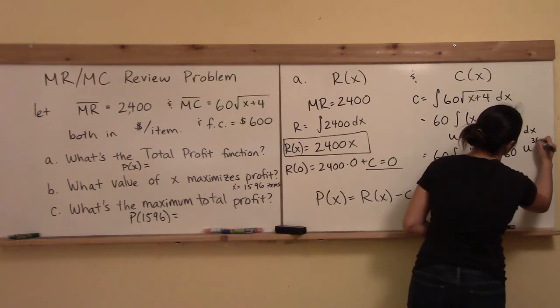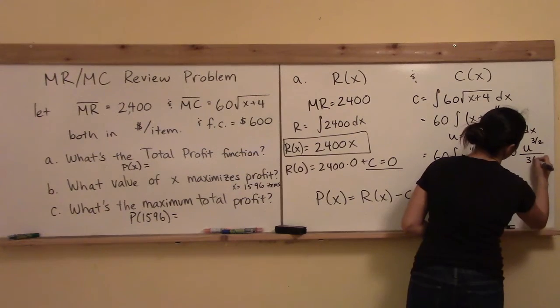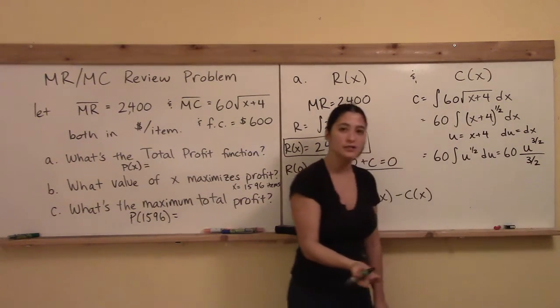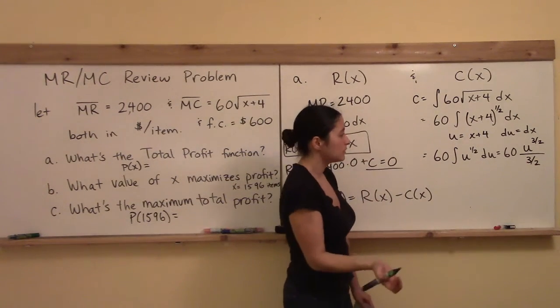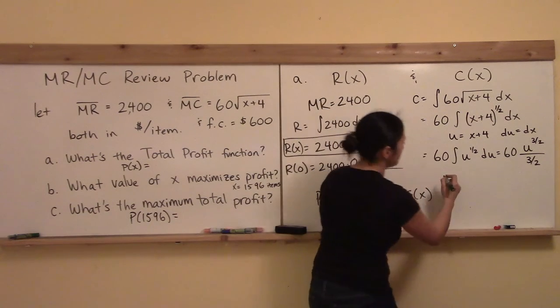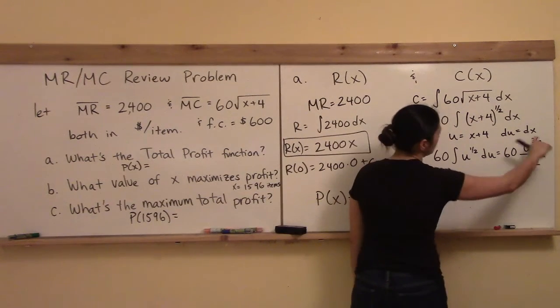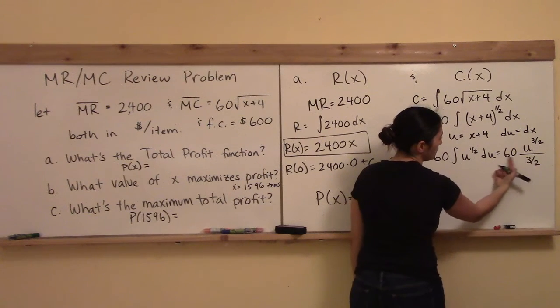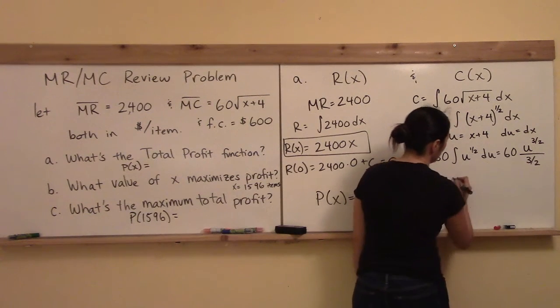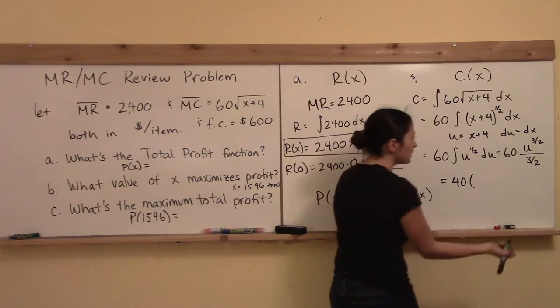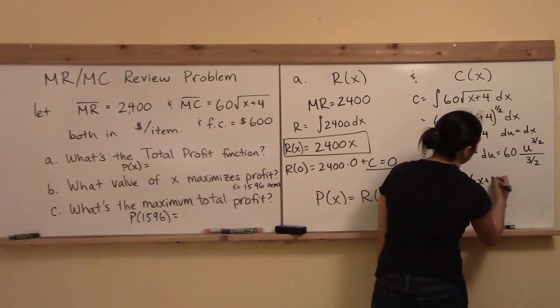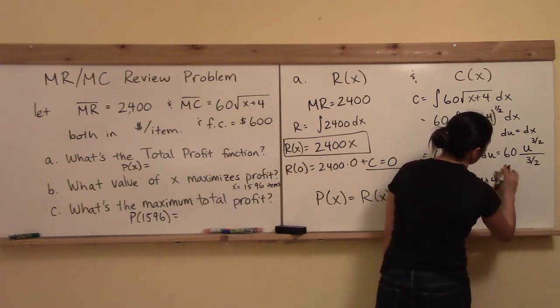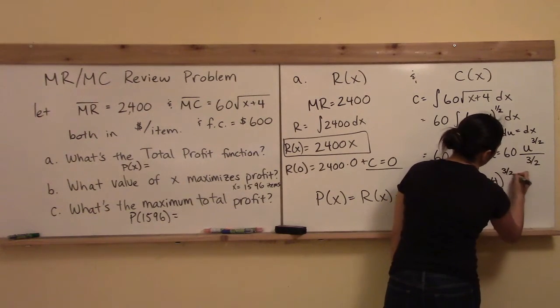So I get u to the 3/2, and don't forget to divide by exactly what the new power was so that it would cancel if you took the derivative. And then I'm going to switch that around a little bit. The 2 comes up front, the 3 is still divided by. 60 divided by 3, that's 20, times 2, that's 40. So it's 40, and then the u was x plus 4, to the 3/2 plus c.